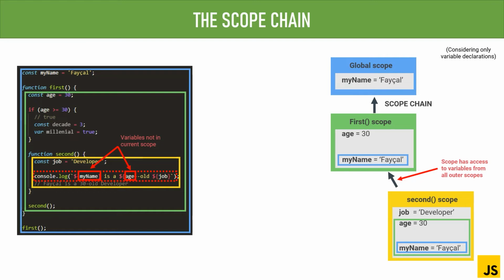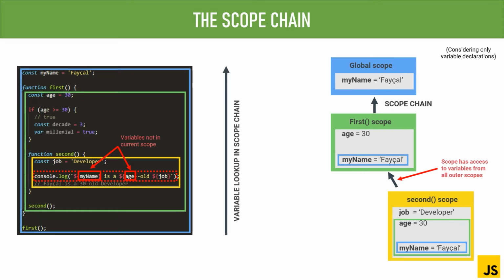In other words, if one scope needs to use a certain variable but cannot find it in the current scope, it will look up in the scope chain and see if it can find the variable in one of the parent scopes. If it can, it will use that variable, and if it can't, then there will be an error. This process is called variable lookup.